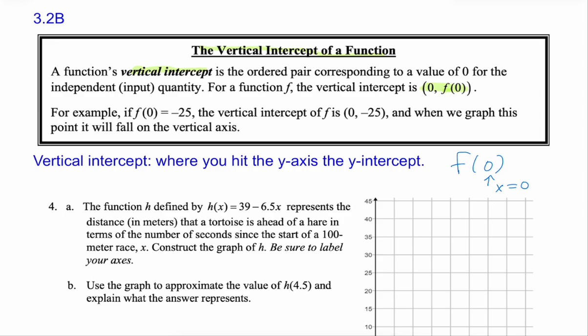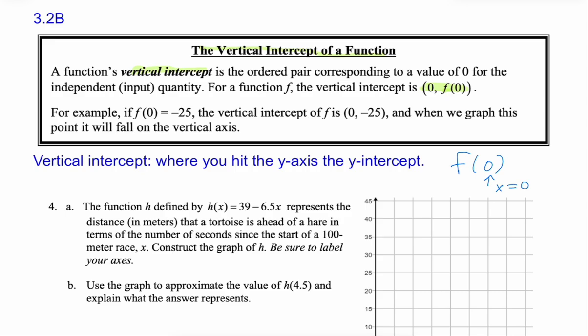Many times I'm going to call it the y-intercept. But all of those things mean the same exact thing. Vertical intercept is the y-intercept. It's where x equals 0. So just remember, it's where you hit the y-axis.